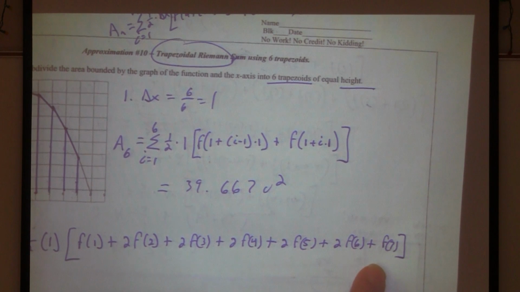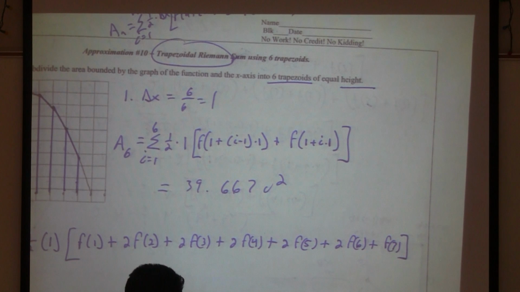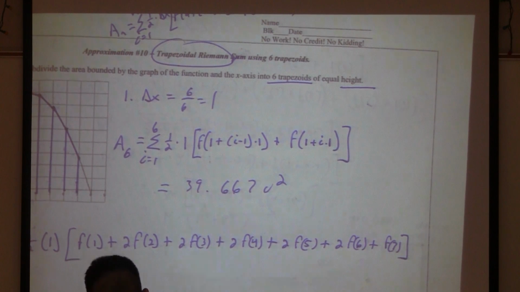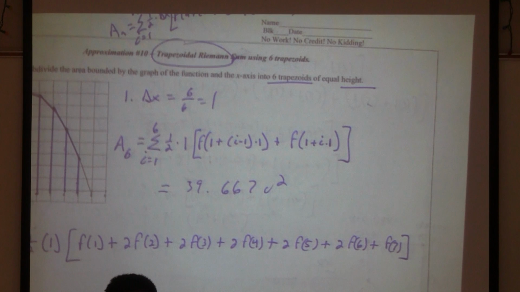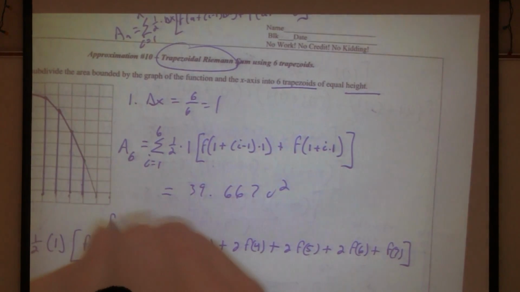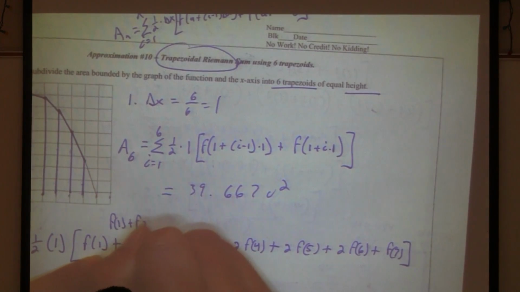You understand? You want me to write it out separated, or we're okay with applying the shortcut? Okay? Promise? And what would that answer be for that? 39.667. It's really this. f of 1 plus f of 2, right?